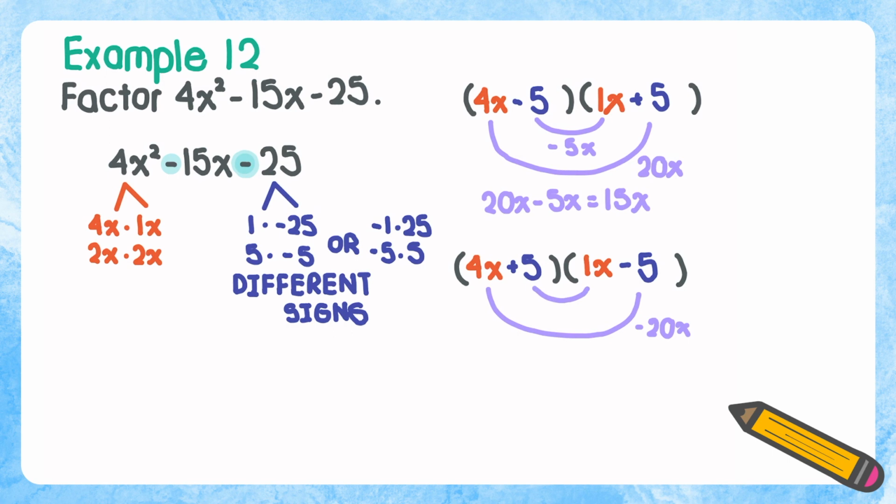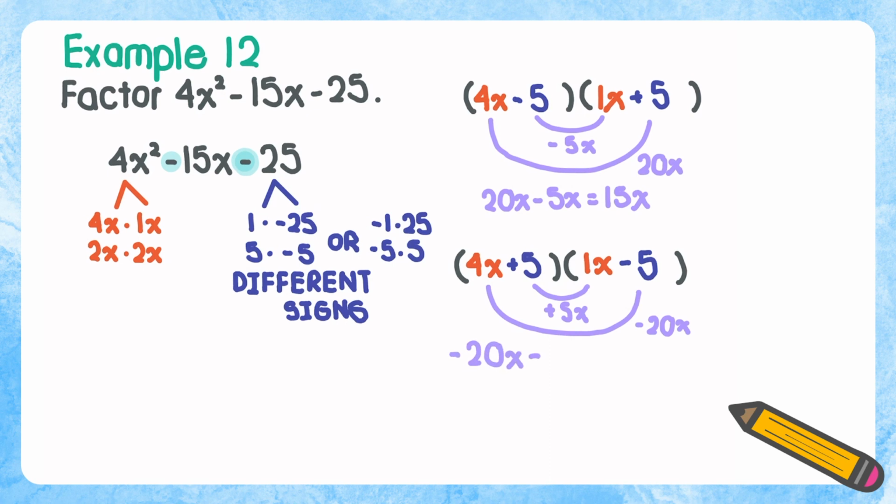Then the inside terms, 5 times 1x is positive 5x. So I'm going to combine this. Negative 20x plus 5x equals negative 15x, which is exactly what we're looking for.